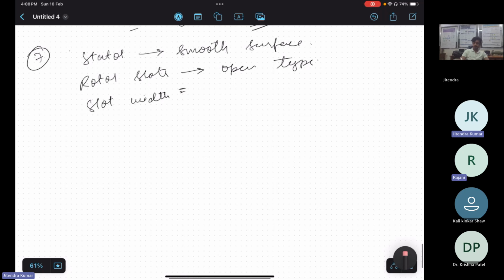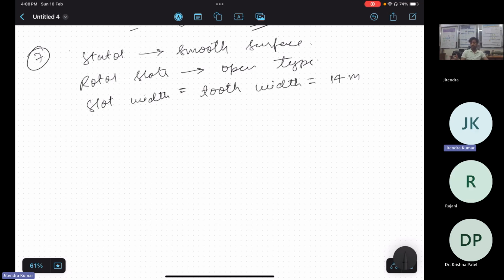Yeah, in this particular problem, it is given, which is equal to 14 mm. It means the slot ratio is 0.5, which is nothing but slot divided by total slot pitch. So in a slot pitch, half of the part is slot and half of the part is tooth. So that's why it's 50%.